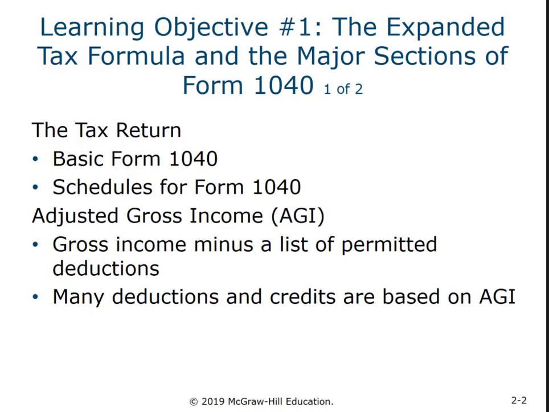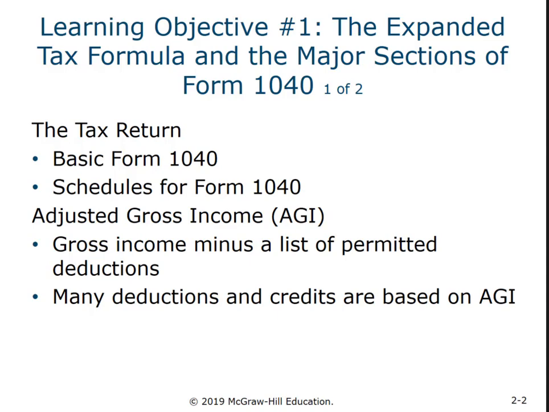Those permitted deductions for AGI are, you might say, more important because some deductions and credits are based on AGI, meaning until you know what your AGI is, you don't know how much of your, say, medical expenses are deductible, because the law says you can only deduct medical expenses if they're over 7.5% of AGI.